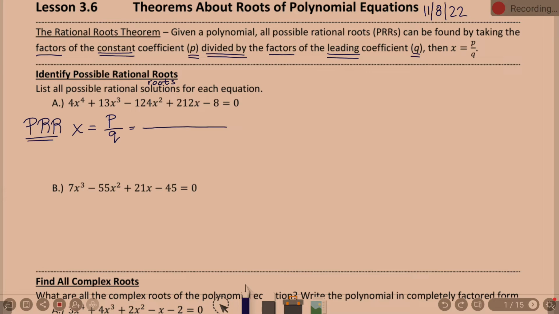Thoughts on what the constant coefficient is in this problem? Or just thoughts on what the constant is?